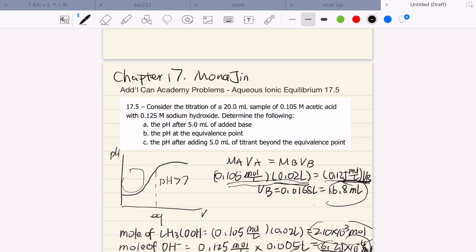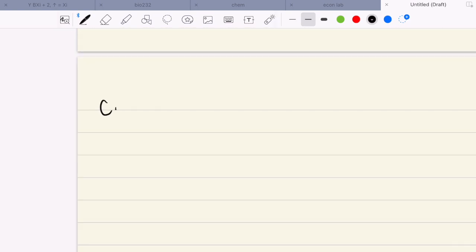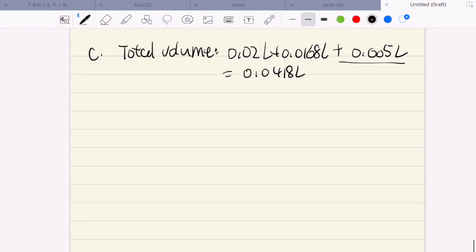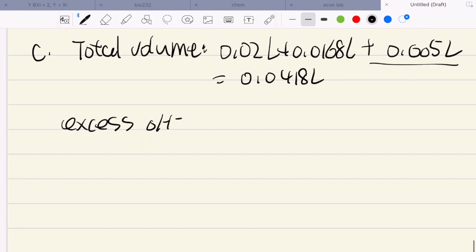And for the next question, we are calculating the pH after adding 5 milliliters beyond the equivalence point. So we first calculate the total volume so that we won't forget this amount, because we add an extra 5 milliliters, so we need to plug that into our formula and we can get our new total volume. And of course, we add excess OH after we use up all of the analyte. We have this excess amount of titrant.